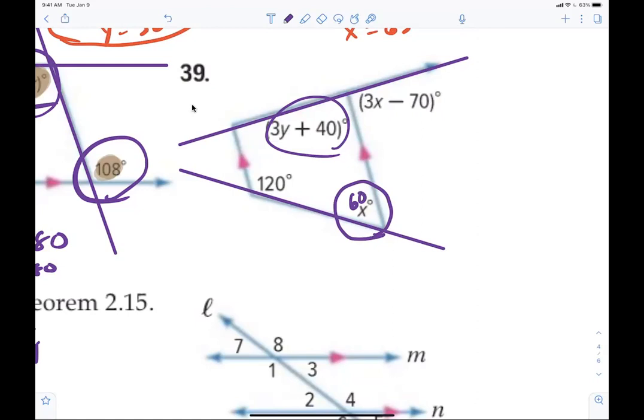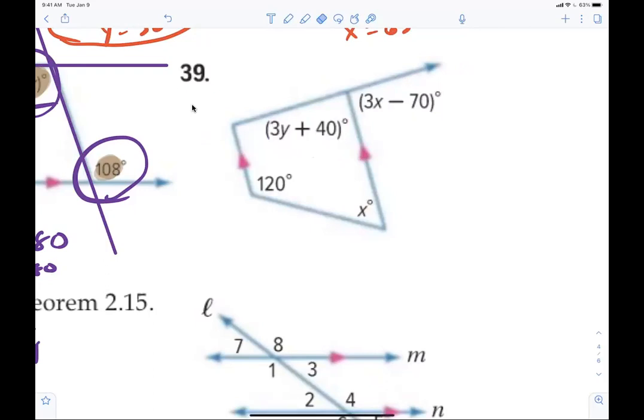So now that I know X is 60, how do I solve this problem? Say it again. Equals what? No. Are these equal? These are alternate interior angles. Are those equal? No, because the lines are not parallel.